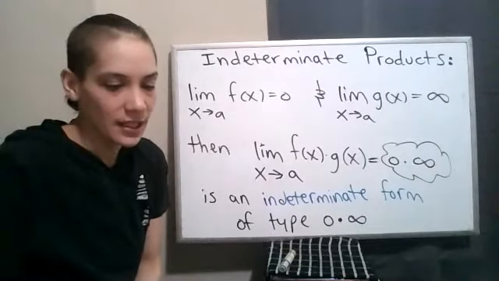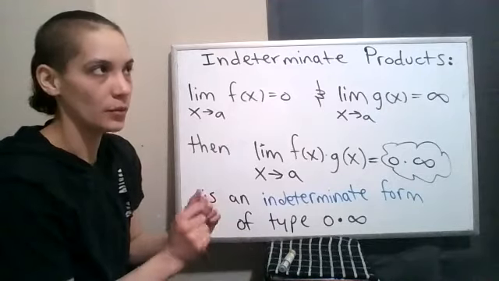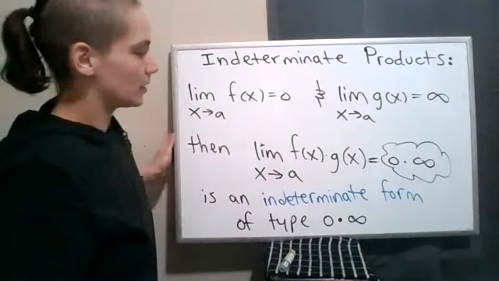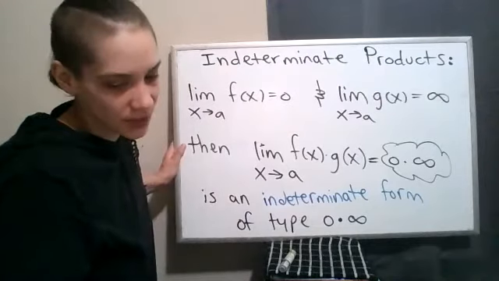So the strategy is to create a quotient by dividing by the reciprocal of one of the functions.